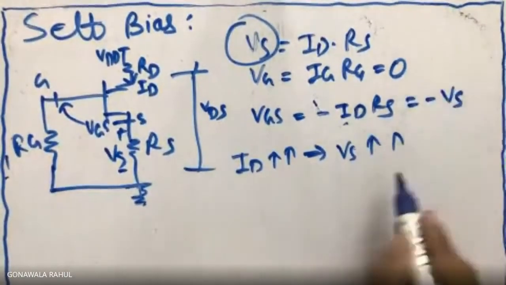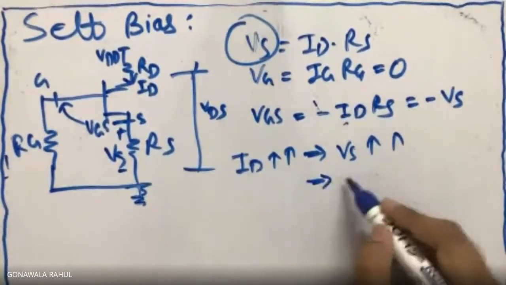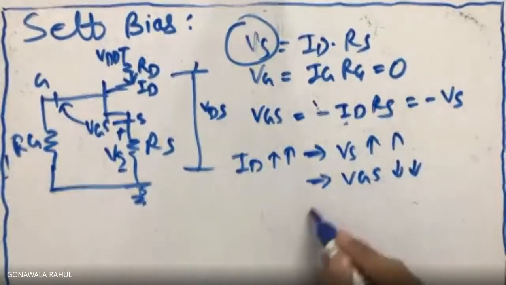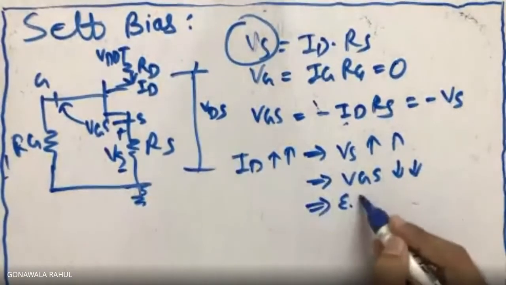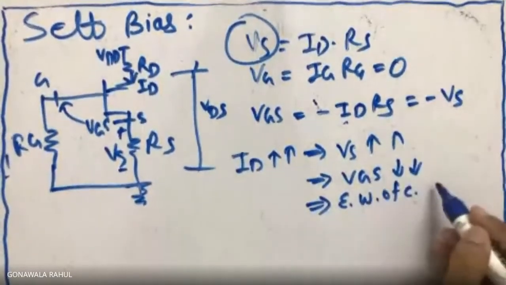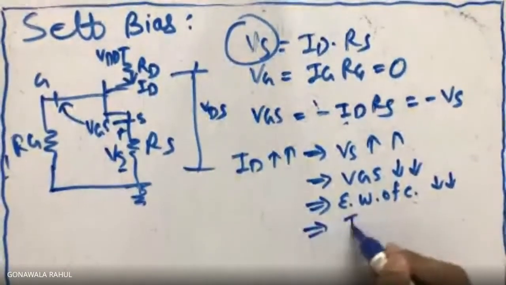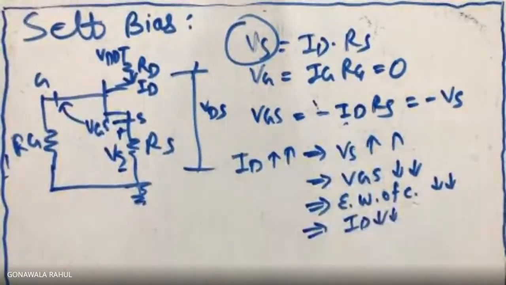If VS is increased, that means VGS will be reduced. Since VGS is reduced, effective width of channel is going to be reduced, and since effective width of channel is going to be reduced, drain current will be reduced, and hence biasing has been achieved.